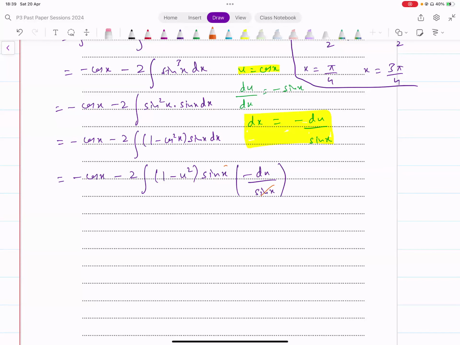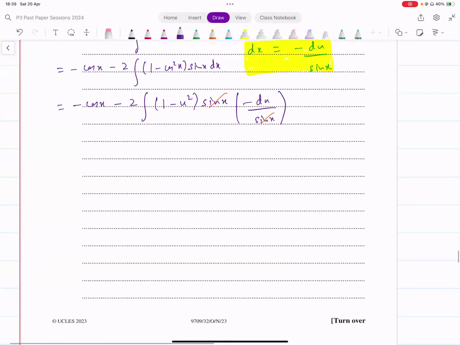And that gets these two terms cancelled, and you're just left with minus cos x minus 2 into integration of 1 minus u squared into minus du. I could write this minus outside and make it plus. So 1 minus u squared into du, that's what you're left with inside. And now you can integrate this easily. Integration of 1 is going to be u, integration of u squared is going to be u cubed over 3.